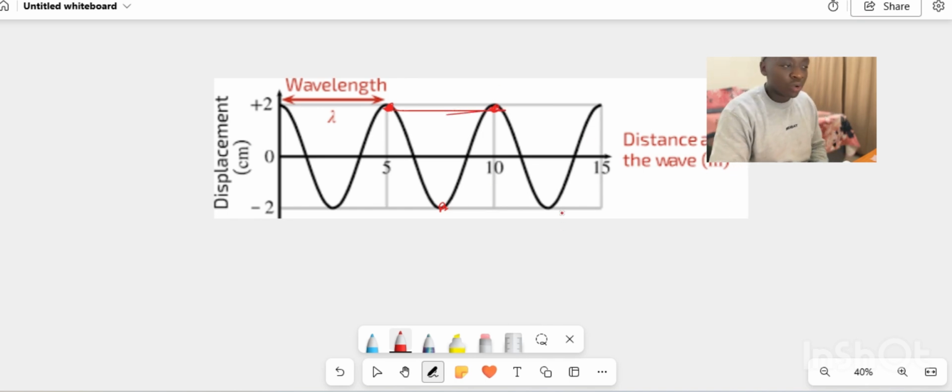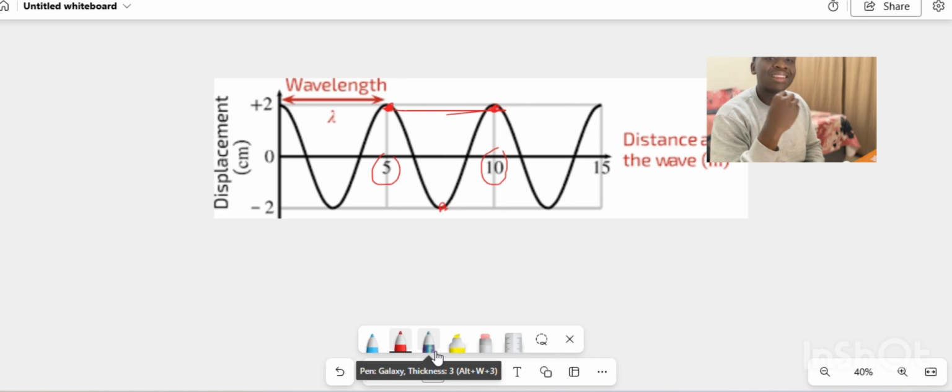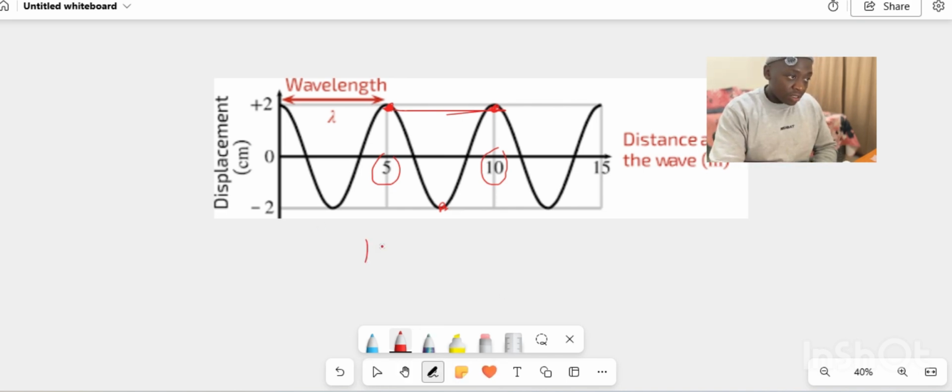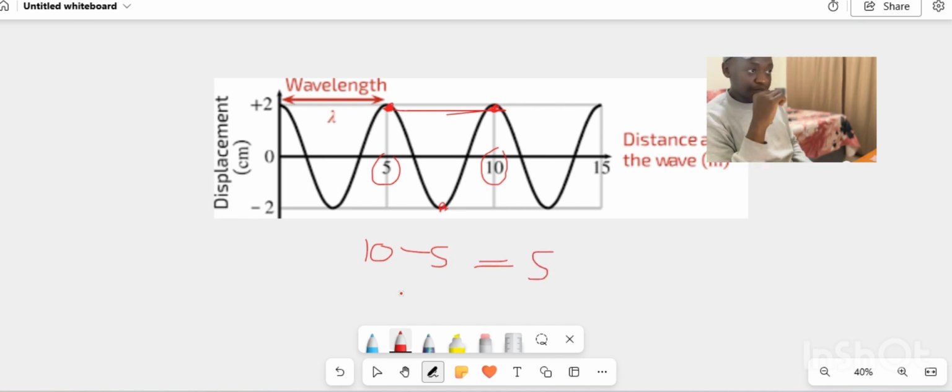If we look properly, we have been given numbers. You can see here 10, you can see here 5. All we need is the difference between 10 and 5. 10 minus 5 equals 5. So the wavelength is going to be 5.